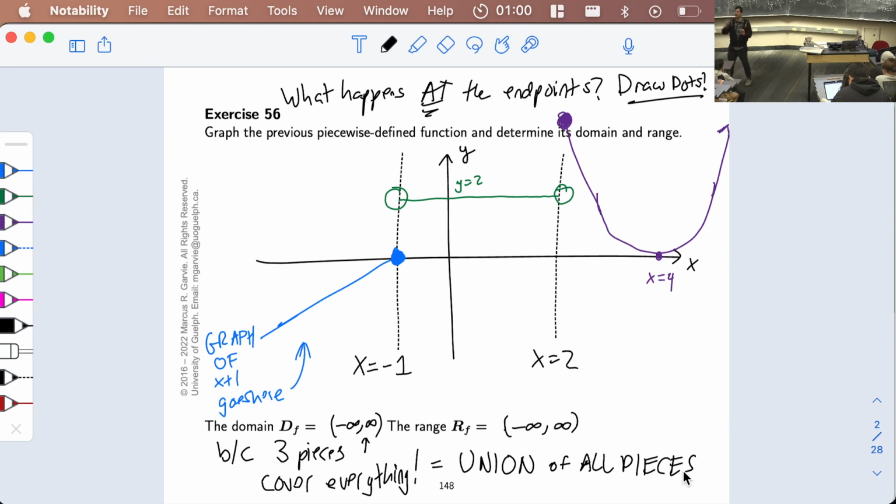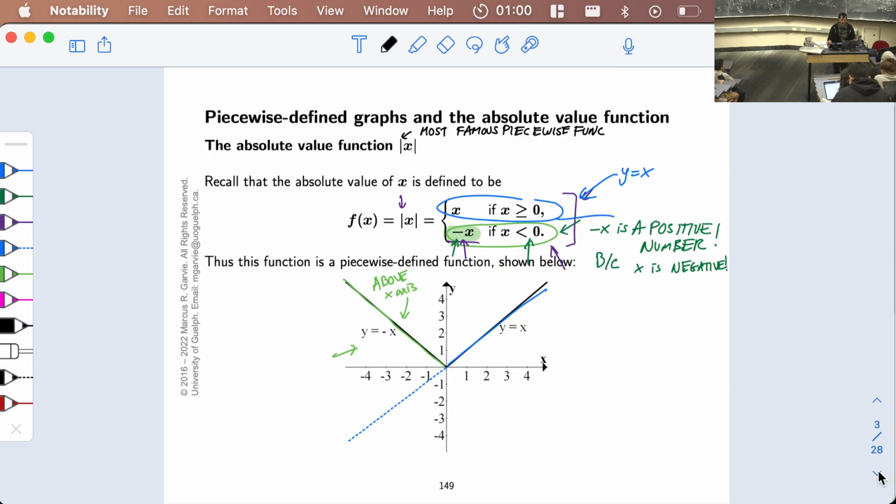That's the union. Very good point. Okay, we're going to go back to the absolute value function. Again, it covers everything. The domain of the absolute value function is everything because between these 2 pieces, we have everybody covered.